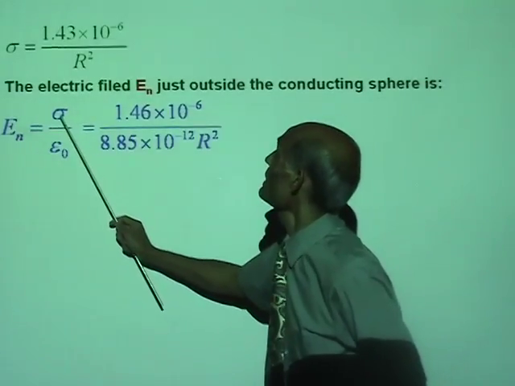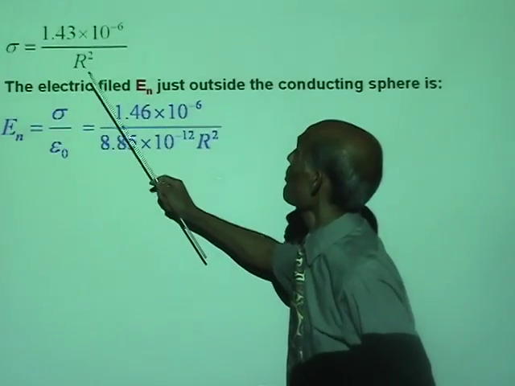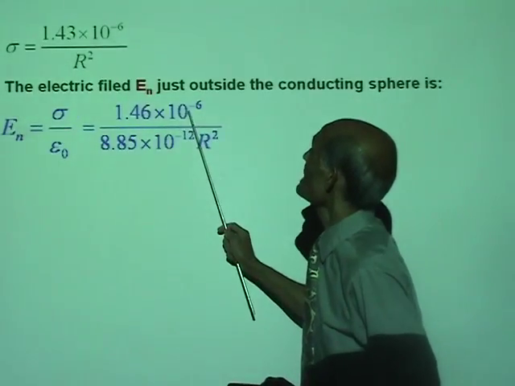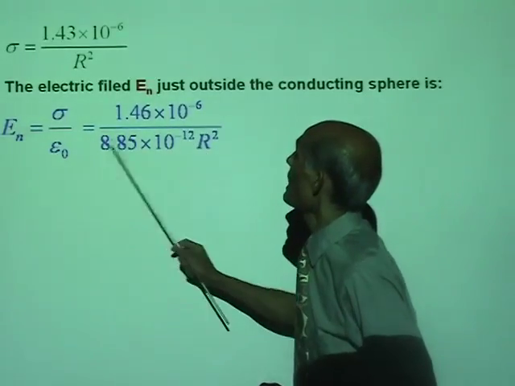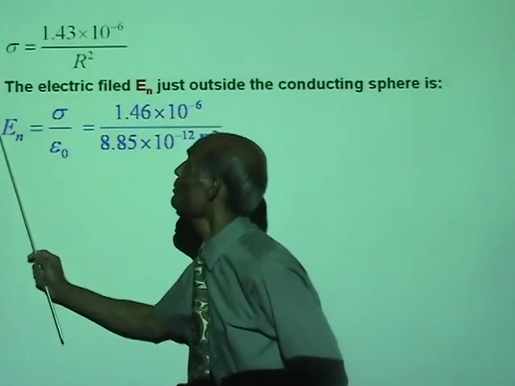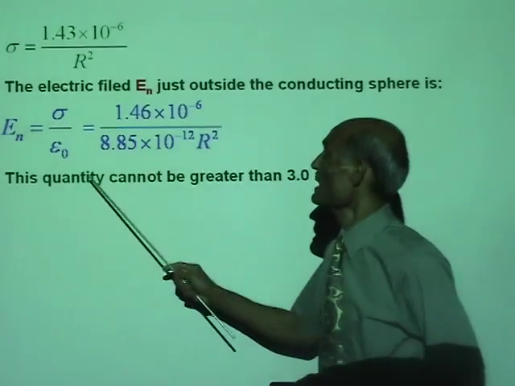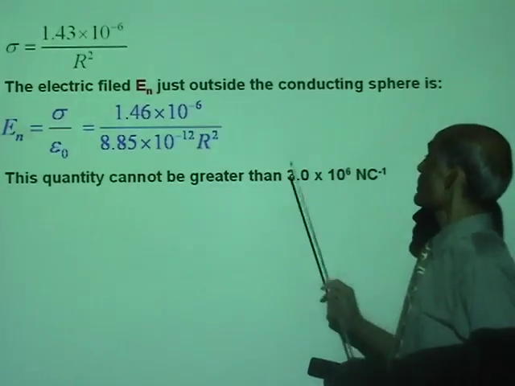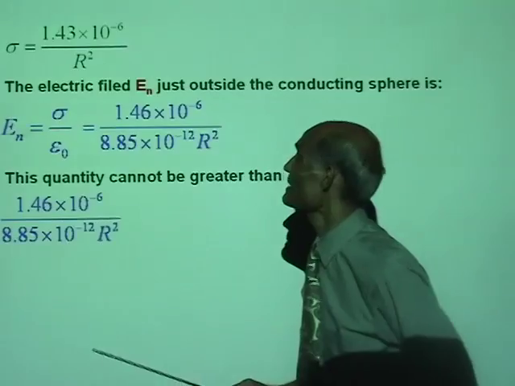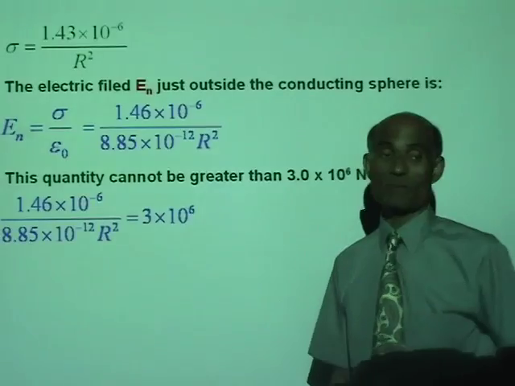I've replaced this sigma by that value, that is 1.43 times 10 to the negative 6 over R squared, divided by epsilon naught. And we know this E. What is that E equal to? 3 times 10 to the 6. And now this quantity cannot be greater than 3 times 10 to the 6.